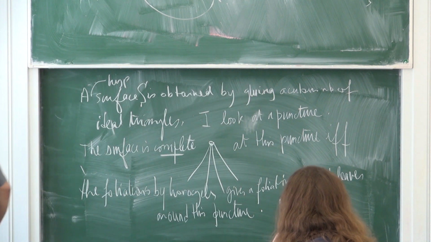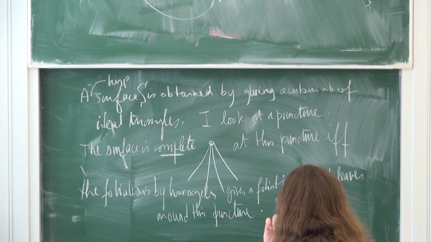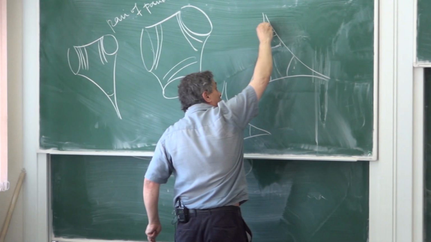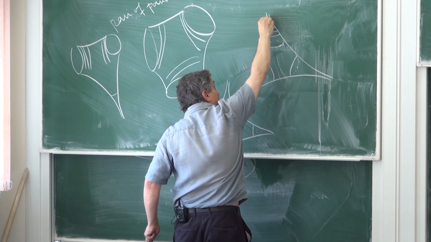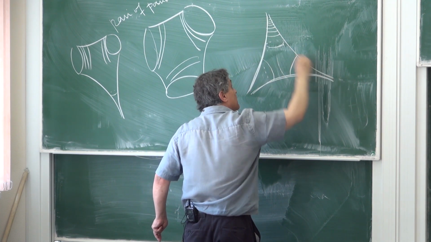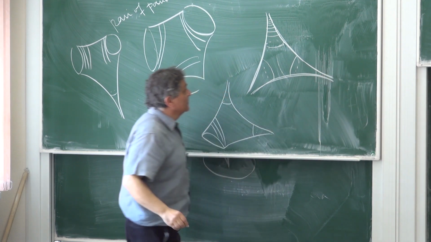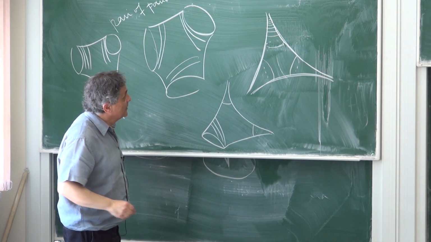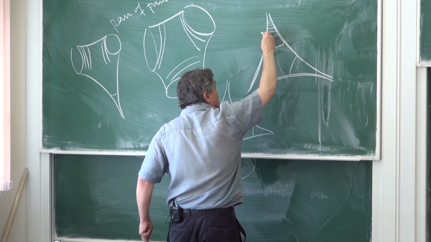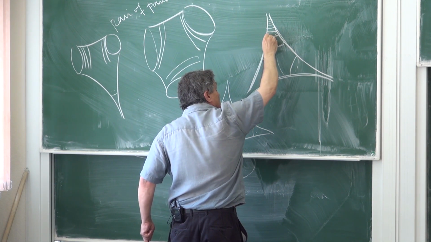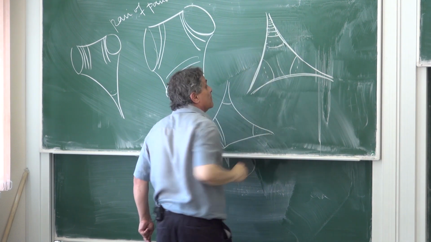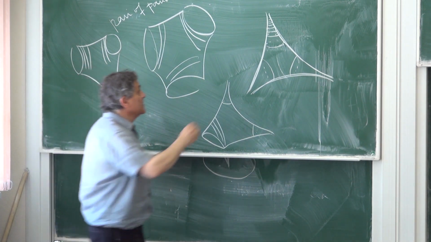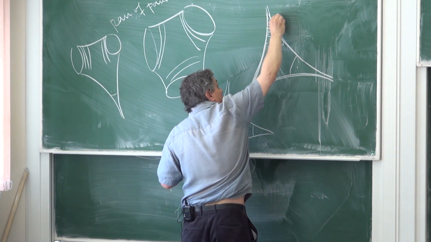So in other words, here in this simple case, I have a foliation by horocycles in this triangle. I have a foliation by horocycles in the back triangles. Supposing that these three are the edges of my triangulation, then if these foliations fit together nicely as foliations by closed leaves, then this puncture is complete.